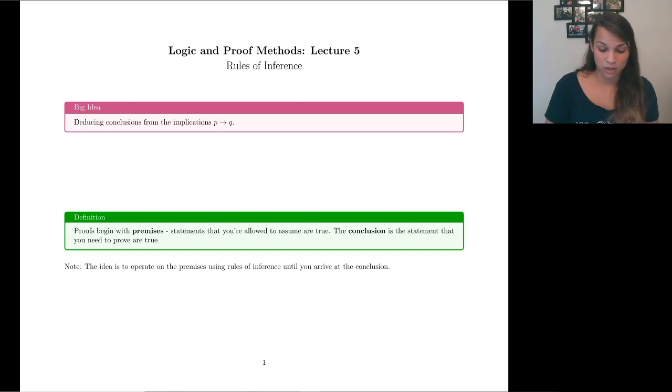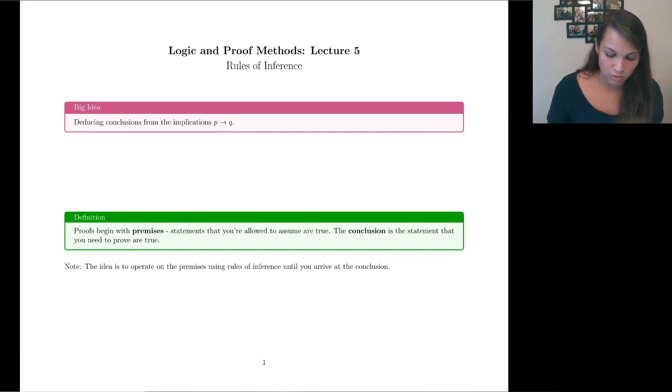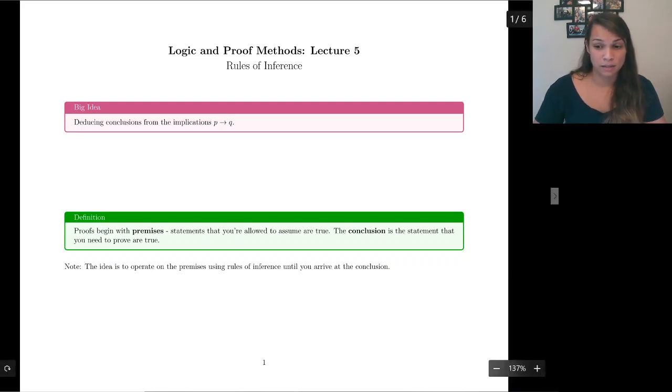A proof begins with a premise, and that is the thing that we are allowed to assume is true. The conclusion is the statement that we need to prove. The big idea here is that we are going to operate on these premises using rules of inference until we arrive at our conclusion.